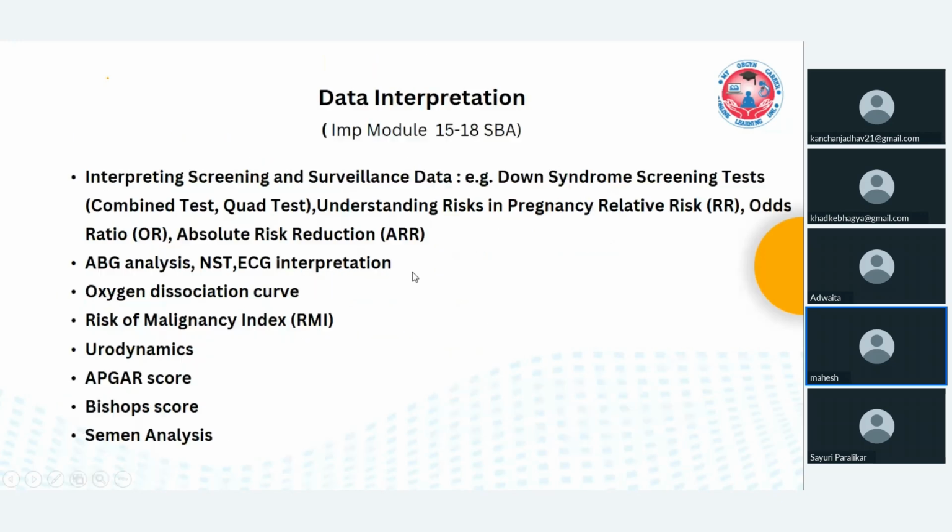Another most important module is data interpretation. It will have around 15 to 18 SBAs.